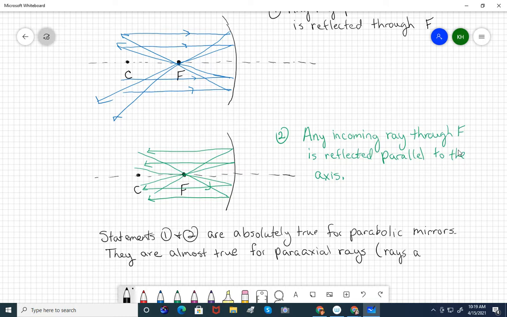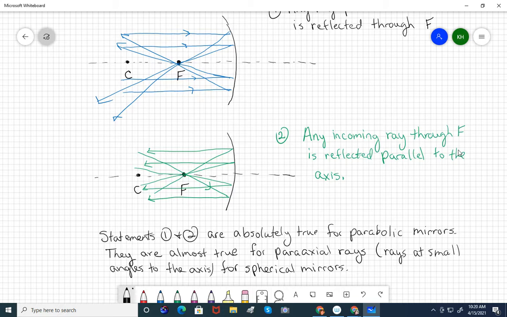Those are rays at small angles to the axis for spherical mirrors. Spherical mirrors have a problem they call spherical aberration. If you have a large enough angle, you'll find that the parallel rays won't all actually go exactly through the focal point, but we are going to act as if they do.